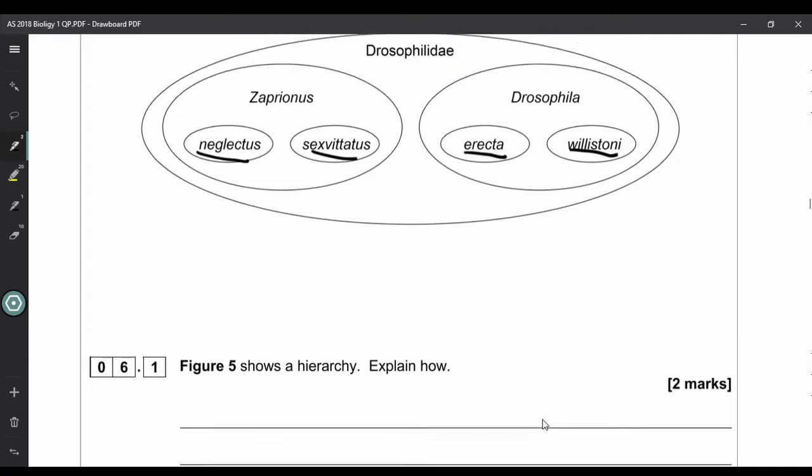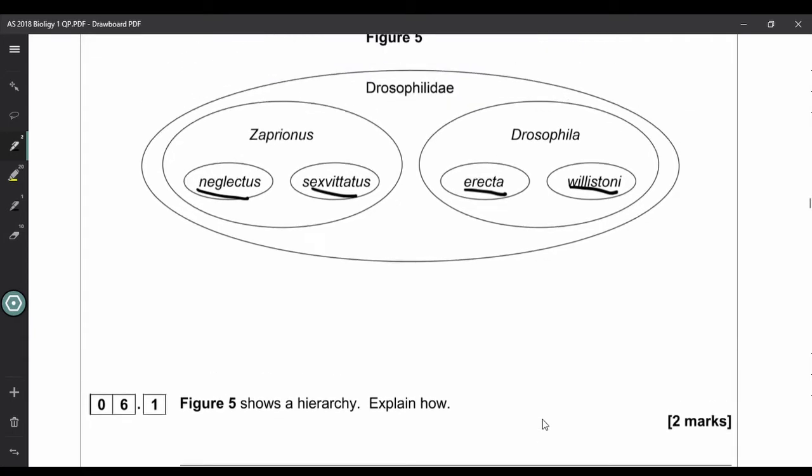Explain how. So what we've got here, we've got circles within circles. We've got that one within a larger circle within a larger circle as well, and none of them overlap, so they're all distinct from each other, and we've got larger and larger circles encompassing more and more. So here we've just got one thing in this circle. This circle contains 2 things, and then this larger circle contains 4.